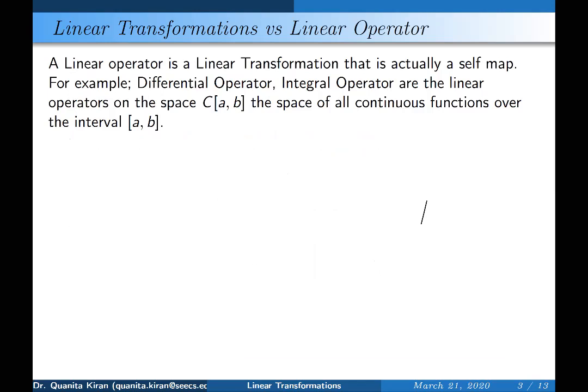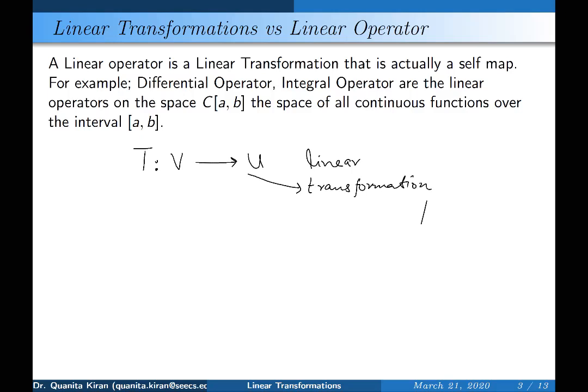So what is the difference between linear transformation and linear operator? Basically, a linear operator is a linear transformation that is a self-map. It means that if we have a function that is linear in nature and it transforms a space V into the space U, then we say that this is a transformation.